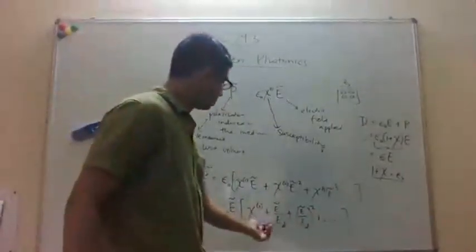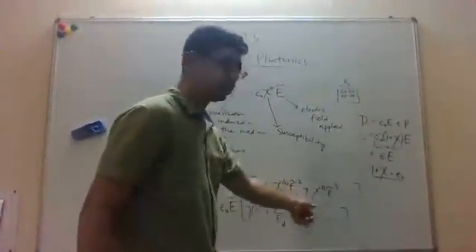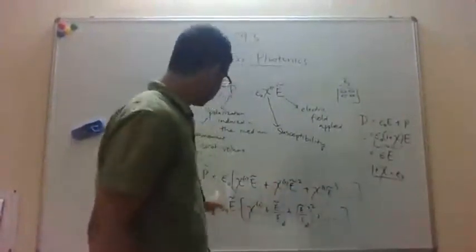Okay, so basically, first term is constant, second term is proportional to E, third term is proportional to E square. So you can think of this.